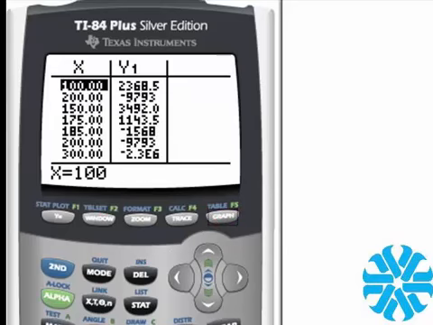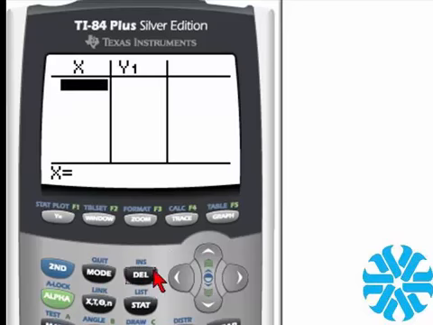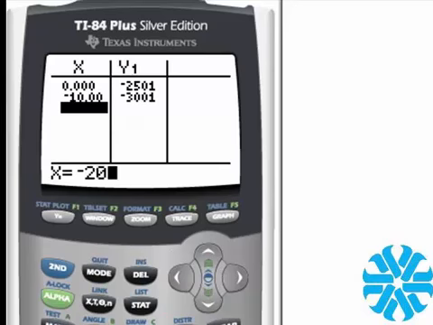and let's delete all these values out. And let's again start at 0 and then enter, and then we'll input negative 10, then negative 20, then negative 50, then negative 100.